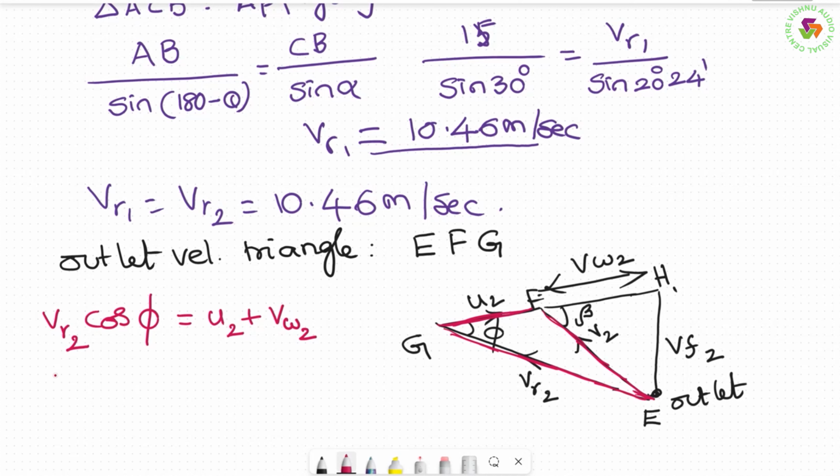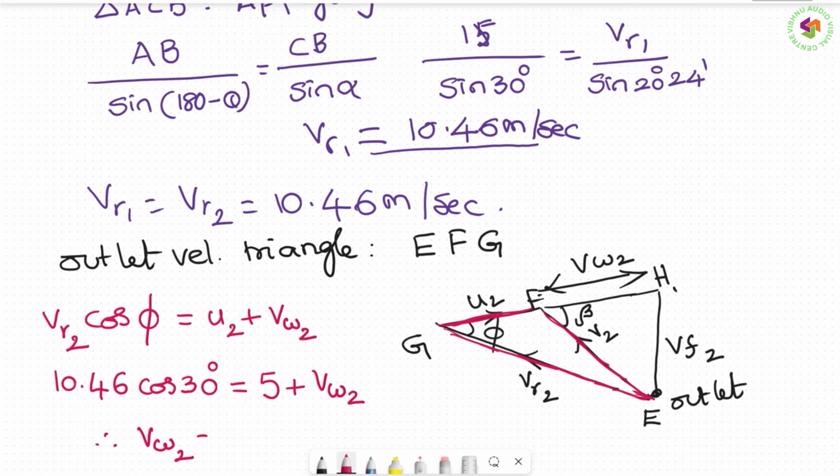Then naturally, VR2 is equal to VR1. It is 10.46 cos phi, with phi equal to 30 degrees, is equal to U2, which is equal to U1, plus VW2. So VW2, the first answer I am getting, if I calculate, is 4.06.